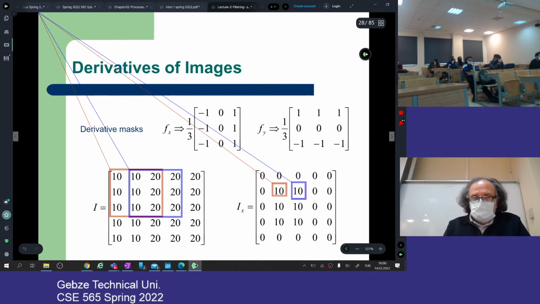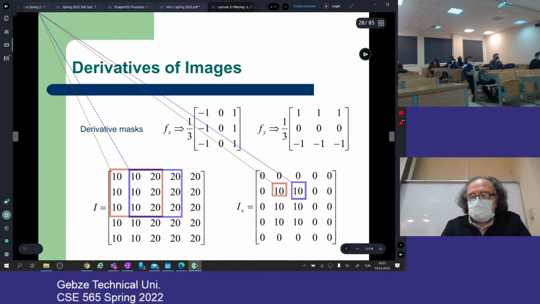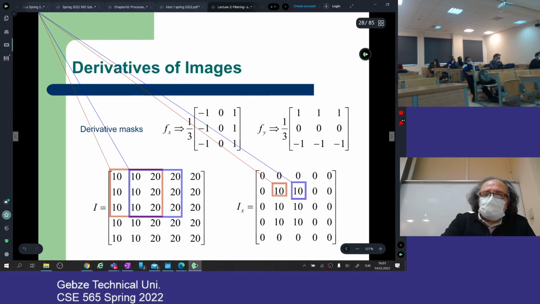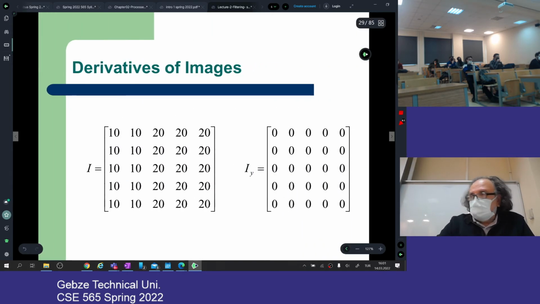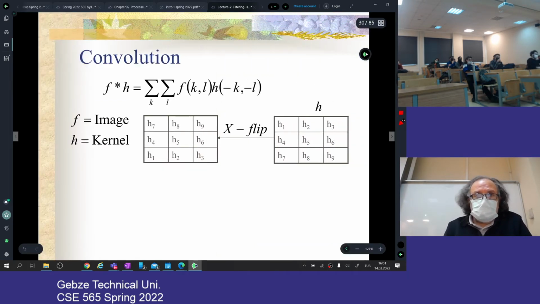So I already did that. And for the IY, I get all zeros. So IX is this, IY is this. In a way, I had an original image, and I get two new images: the X derivative image and the Y derivative image. Okay? So I produce two images because the gradient is telling me that.